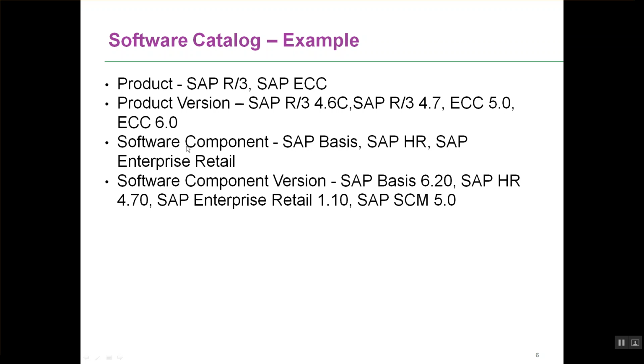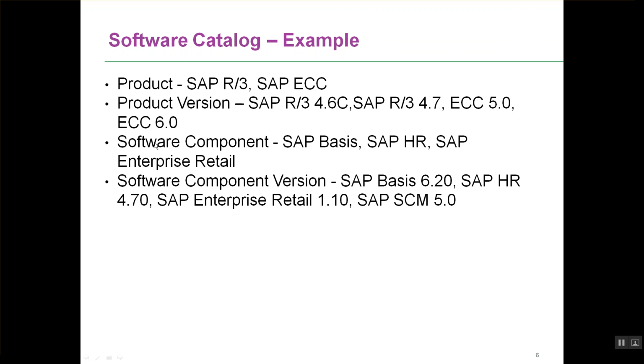Then what is a software component and what is a software component version? A software component is nothing but the granular modules or units that form a product. If you're from a basis background, you would know that an SAP R3 4.6c system will have multiple software components. You will have an SAP basis component, an SAP HR component, an SAP enterprise retail component.